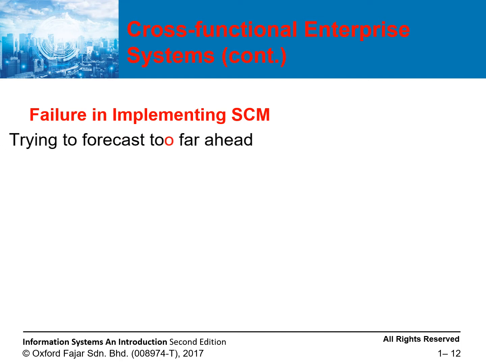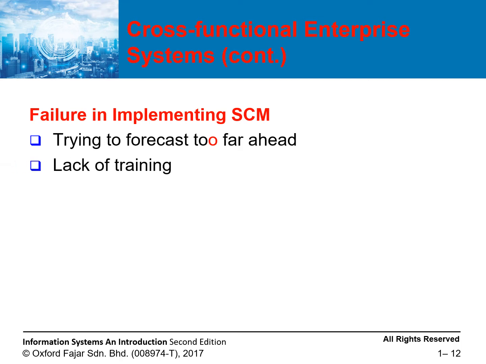So the first one is trying to forecast too far ahead. The companies will expect an unrealistic and ambitious return when forecasting is done without ensuring system reliability. The second one is lack of training.